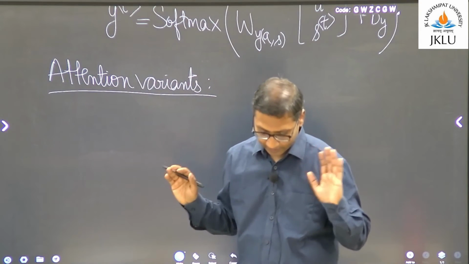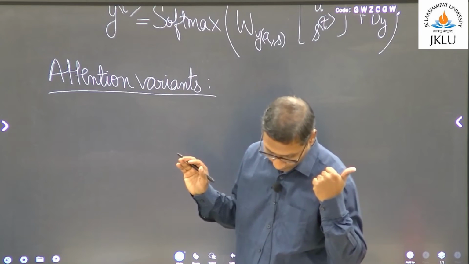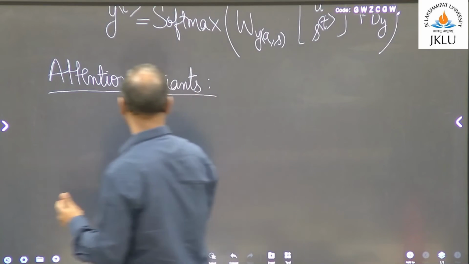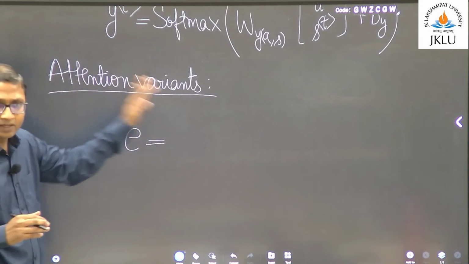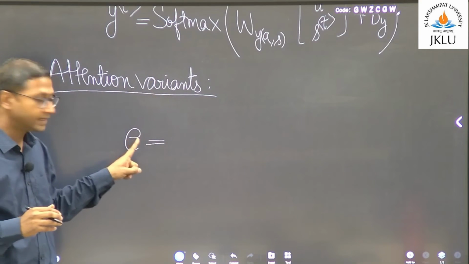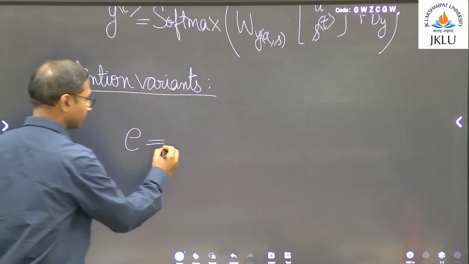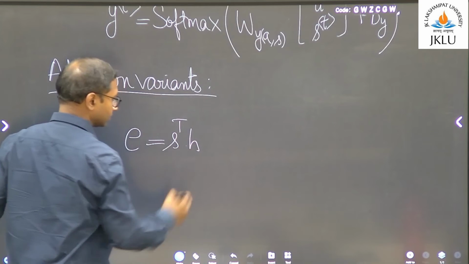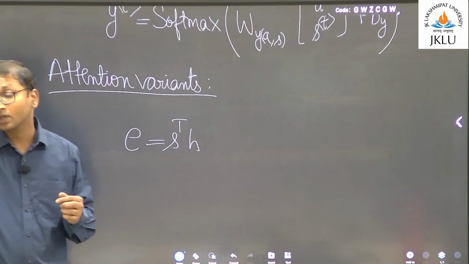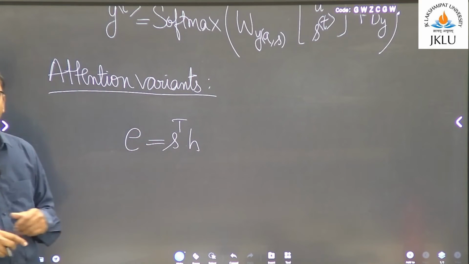Okay, just a simple thing. Right now we are writing E, without any superscript or subscript, as S transpose H, right? Where can you introduce parameters here?